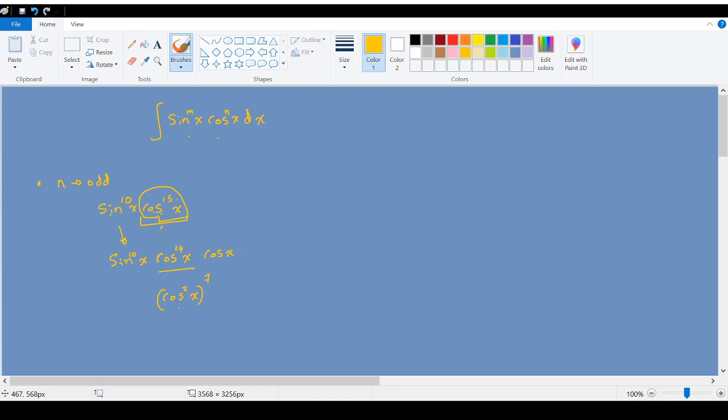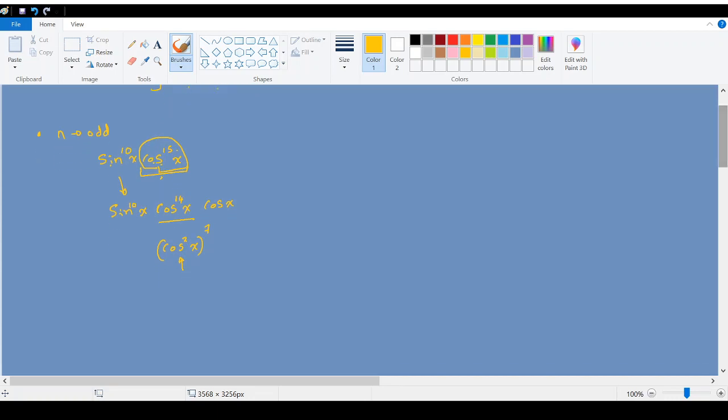Constructing this cos squared term was the main goal. Once you have constructed the cos squared term, we have the trigonometric identity where we can write 1 minus sine squared x as the cos squared term, and all these remaining powers will be tagged along.